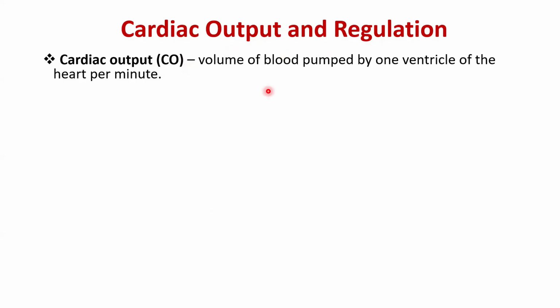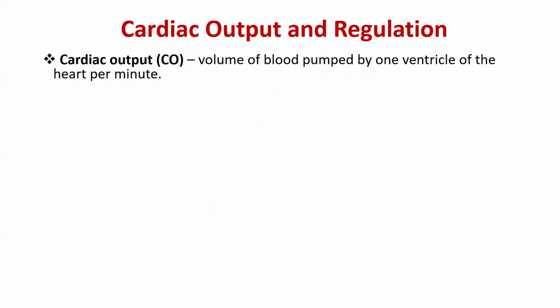So I'm expecting you to tell me cardiac output is the volume of blood pumped by one ventricle per minute. Cardiac is the heart. Output is common sense, something that is going out. So what is going out of the heart? It's the volume of blood being pumped out by one ventricle of the heart per minute.